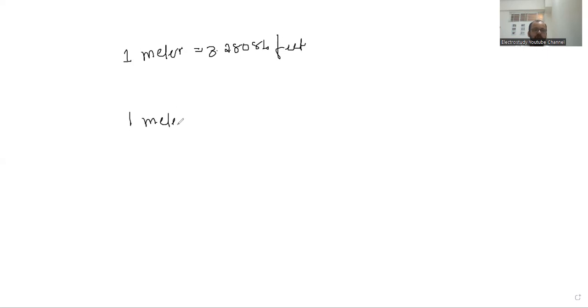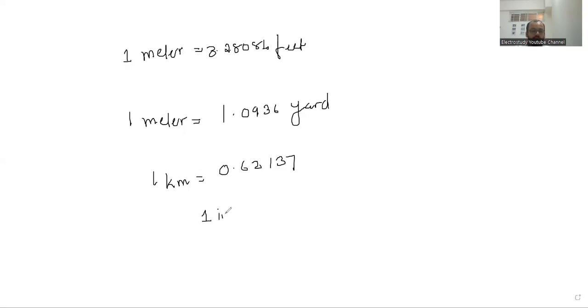Also, 1 meter can be written in terms of yard as 1.0936 yard. Please note down this. Then 1 kilometer is equal to 0.62137 mile. Similarly, one important parameter you must remember, 1 inch is equal to 2.54 centimeter. This is very important, quite commonly used.